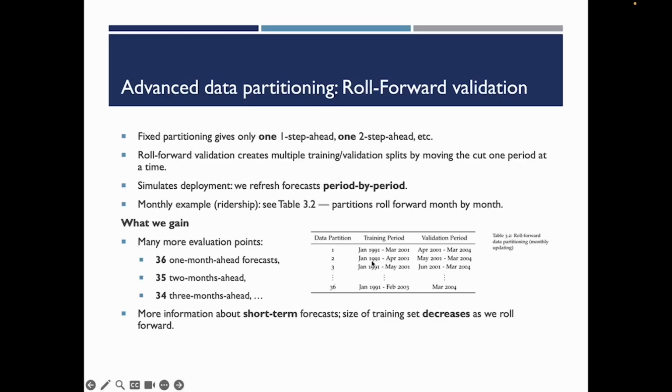So from January 1991 up to April 2001, this is my training period. Then we do the validation period. We just move one step ahead, and so on. We keep doing this. We have 36 partitions, and every time we calculate the measures and compare them. So this is called roll-forward validation. It's very close to the concept of cross-validation, and again we are going to see this when we do the example. So let's jump in now to the example in R.